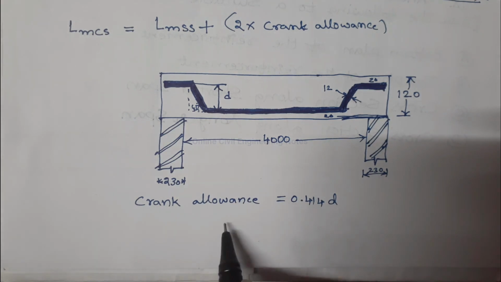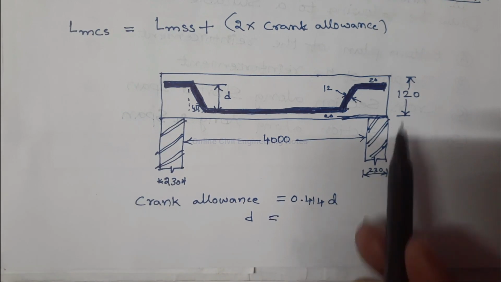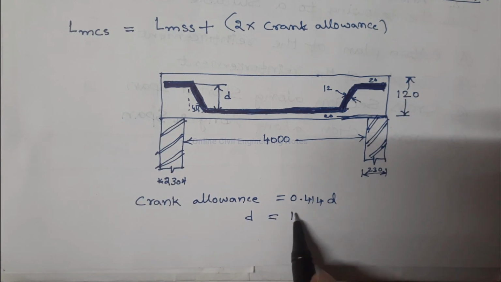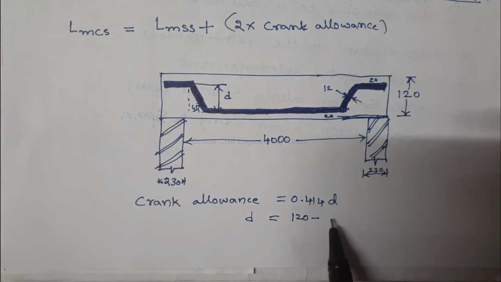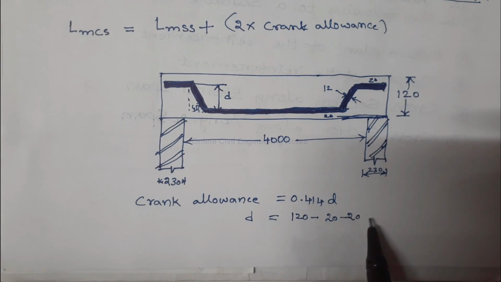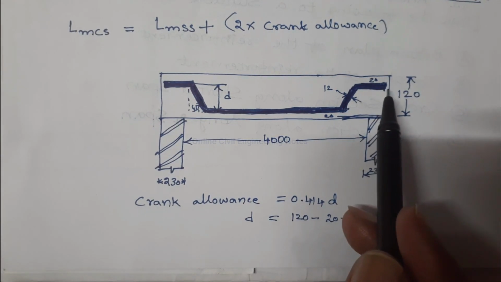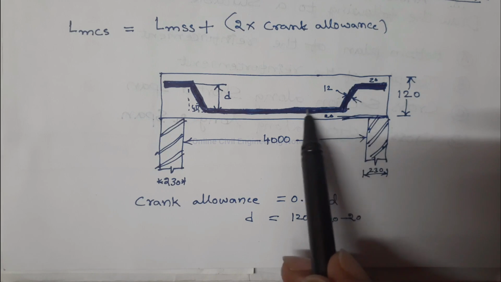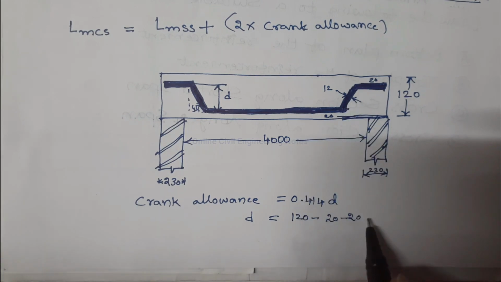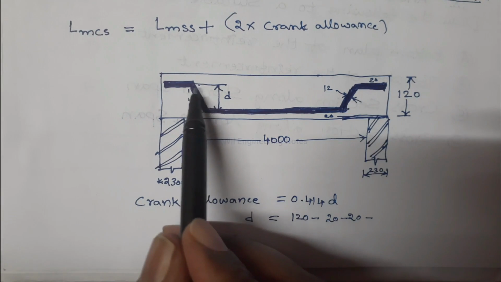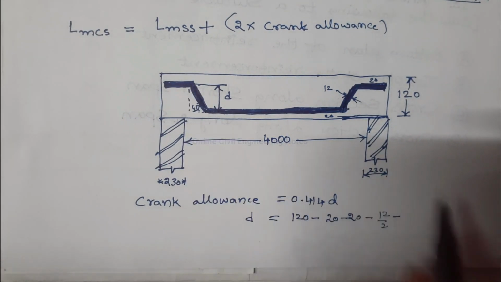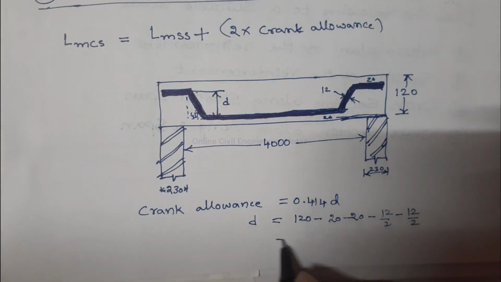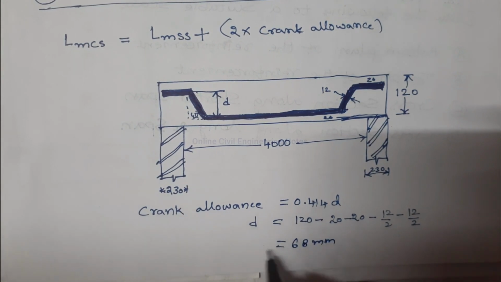Here D is equal to overall depth 120 minus top cover minus bottom cover, minus 20, and minus dia by 2. So diameter of cranked bar is 12 mm, minus dia by 2, minus dia by 2, is equal to 68 mm.